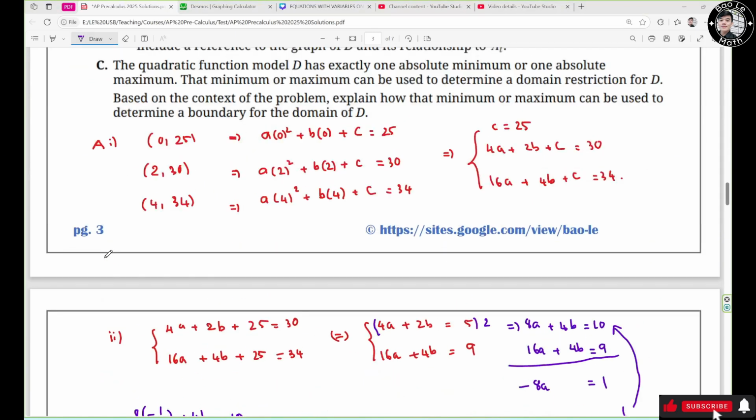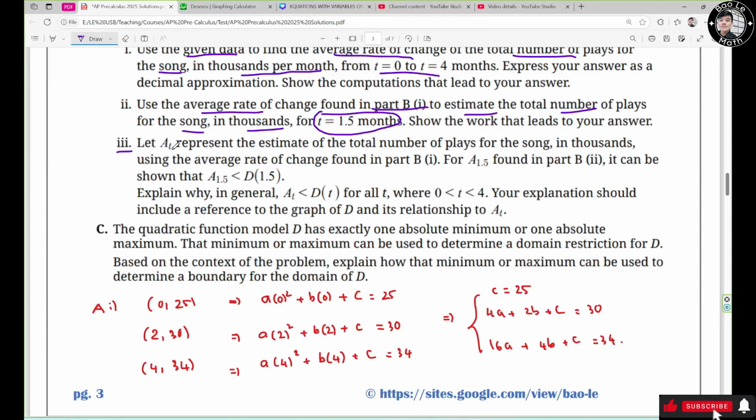Now question 3(i). Let A(t) represent the estimate of the total number of plays for the song in thousands using the average rate of change found in part B(i). Now for A(1.5) found in part B(ii), it can be shown that A(1.5) is less than D(1.5).